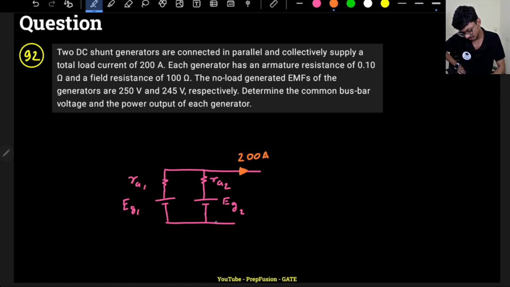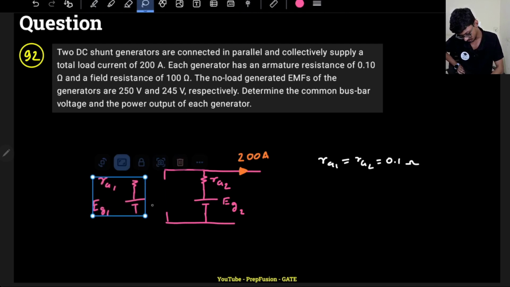Each generator has an armature resistance of 0.1. So basically both of them have equal resistance 0.1, and field resistance, both of them have 100 ohms. So of course if they have field resistance, both of them will be in parallel. So don't forget the field resistance.